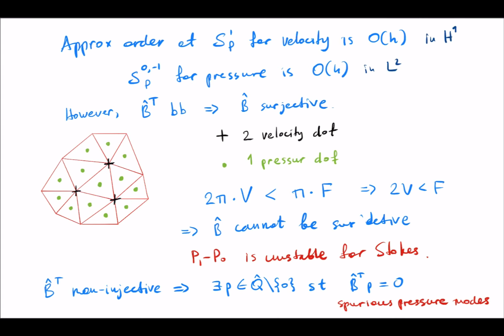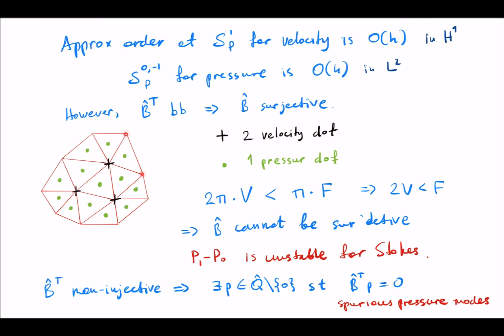But okay, now we want to show that this element is actually unstable. For stability, what we need is the bounded below property of B hat transpose, and that will imply that B hat itself is surjective. So now let's look at the degrees of freedom for the velocity space and pressure space. Let's look at this particular triangulation as an example. We have zero boundary condition for the velocity.